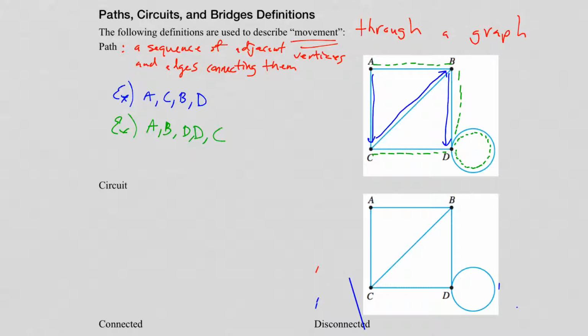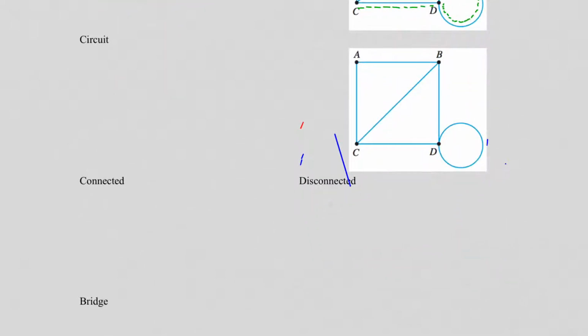Okay, let's take a look at a circuit. So a circuit is a specific path that begins and ends at the same vertex.